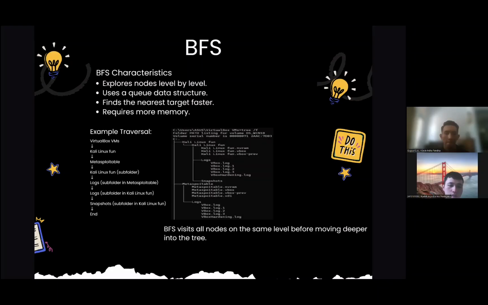So the BFS traverses breadth first, level by level. From Kali Linux Fund and Metasploit table, which are parent nodes at the same level, and the subfolders at the same level, and so on until the nodes have no children. BFS visits all nodes on the same level before moving deeper into the tree. Okay, next.